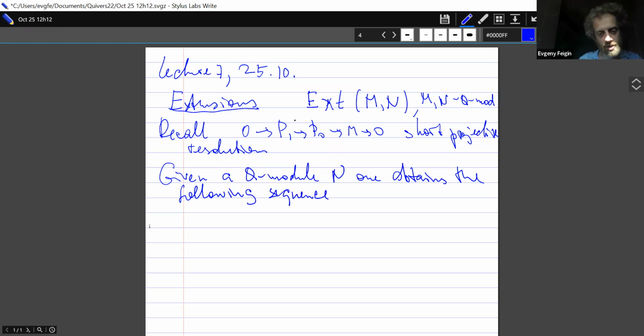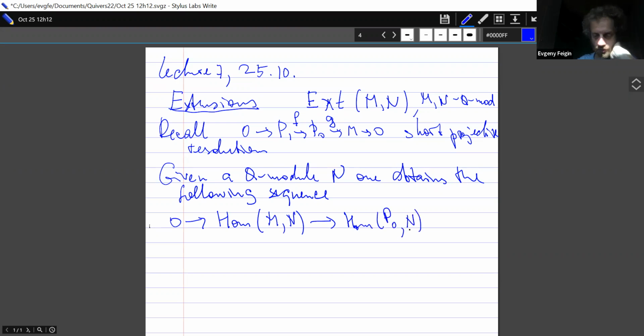Let me denote this map by F and this map by G. I want the Hom spaces from M to N, and to consider the map from this space to Hom(P0, N).